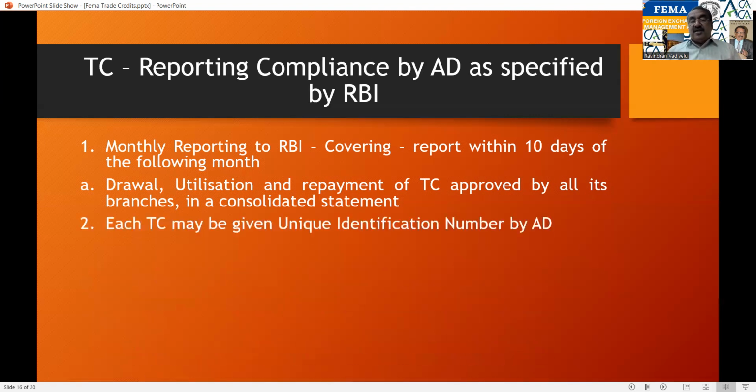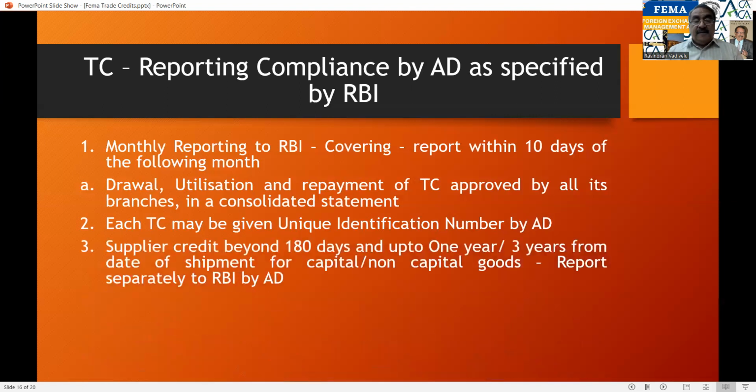And each trade credit may be given a unique identification number, just like every transaction, because each trade credit has to be identified, has to be given a separate unique identification number, and this number has to be allotted by the authorized dealer. And the supplier credit, what is the extent of the credit? It is 180 days.